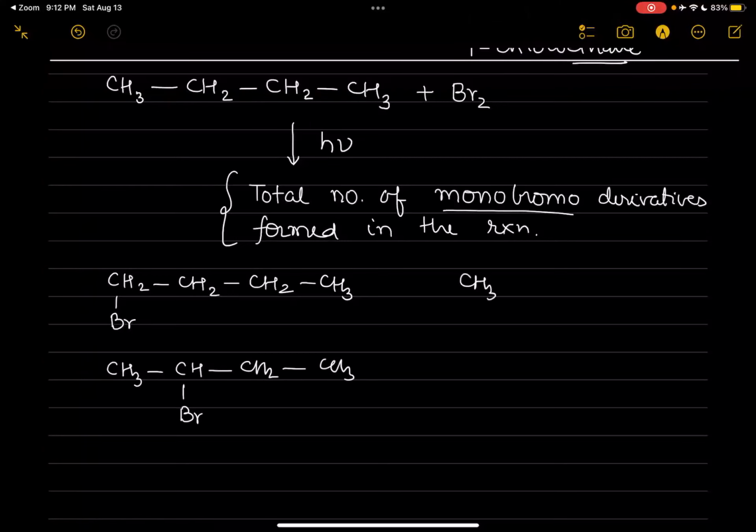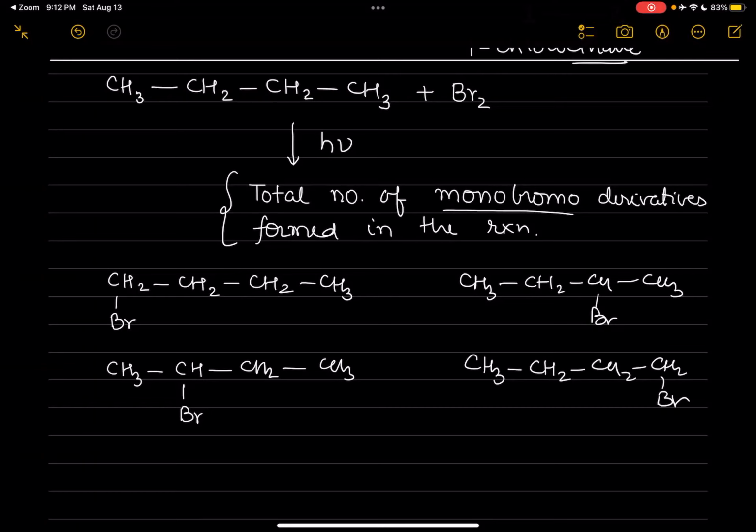I connected it to the third carbon from the left. So are all 4 of them different or same?